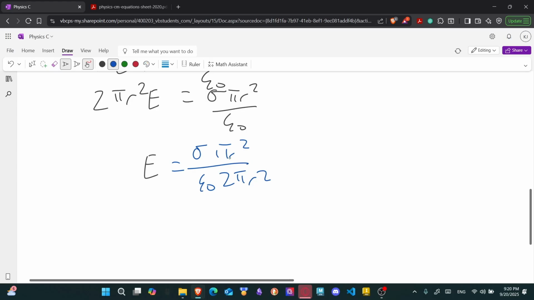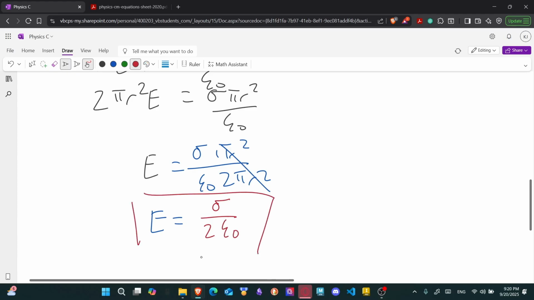This can be simplified by canceling out the pi r squared, leaving you with E equals sigma over 2 epsilon naught. And this is really useful because you don't need to use any calculus to solve for a Gaussian surface.